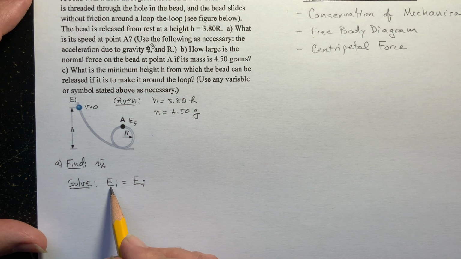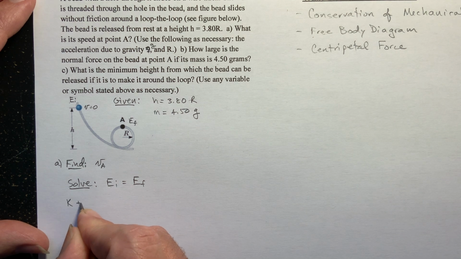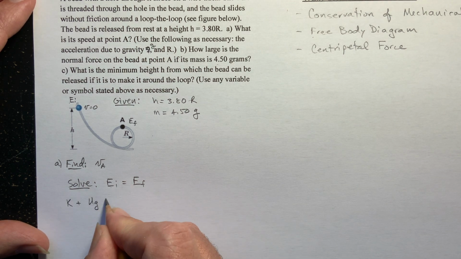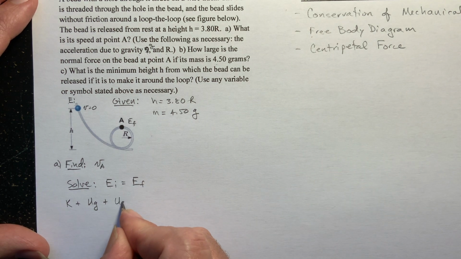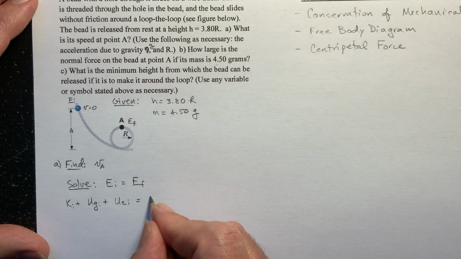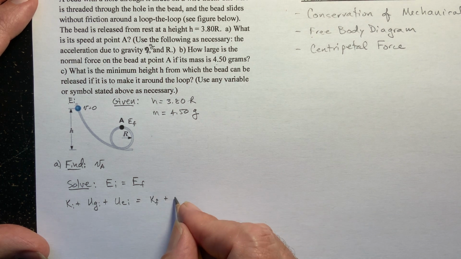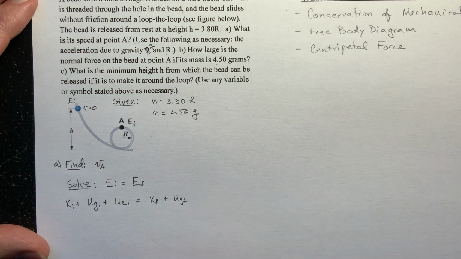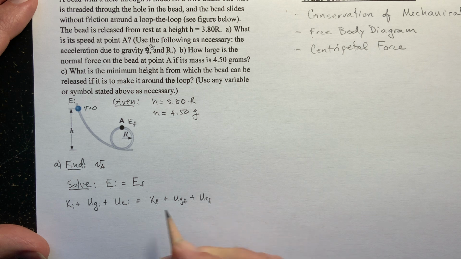Mechanical energy is defined to be the kinetic energy plus the gravitational potential energy plus the elastic potential energy. This is in my initial state, so I'm going to put an initial right there. And this is going to equal the final kinetic energy plus the final gravitational potential energy plus the final elastic potential energy.